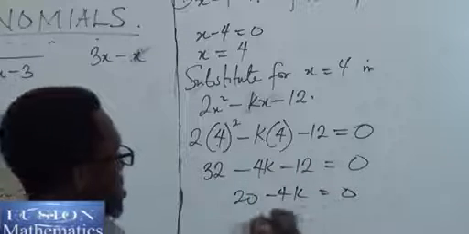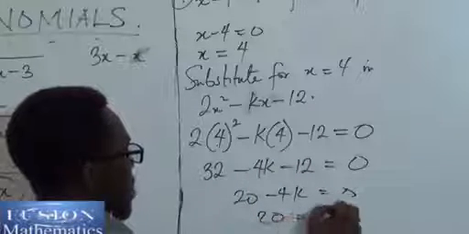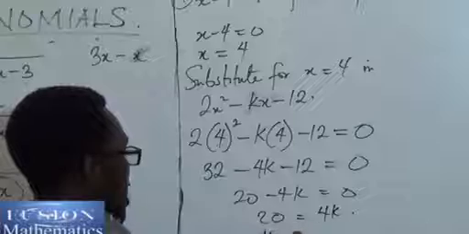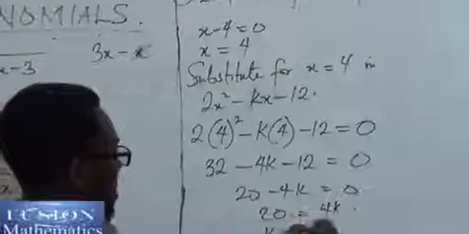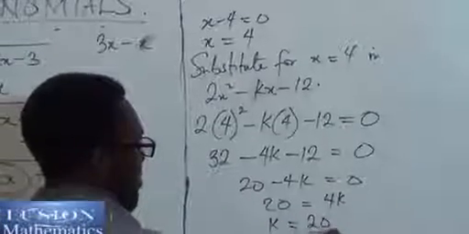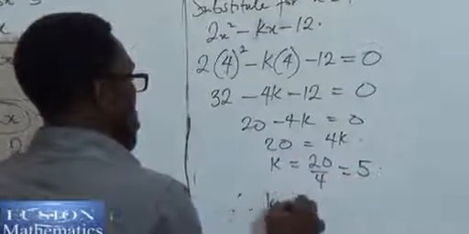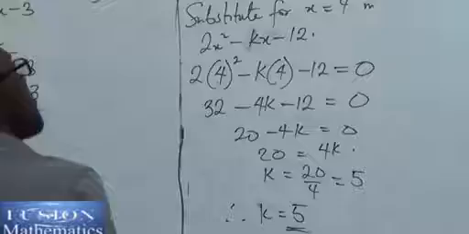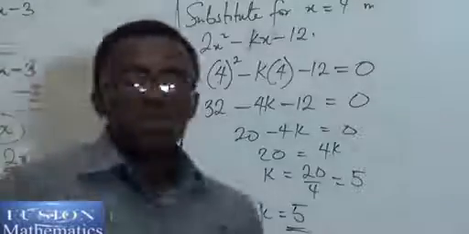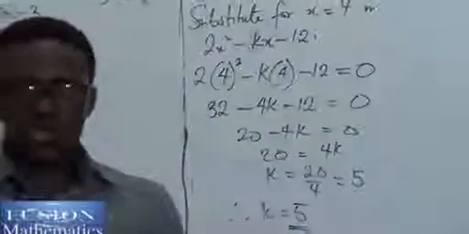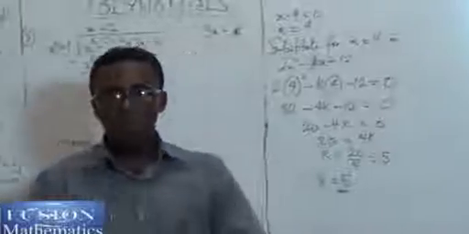We take 4k to this side, this will be 20 equals 4k. K will now be equal to 20 divided by 4, which is equal to 5. So therefore k is equal to 5. So that's how we answer questions pertaining to polynomials.